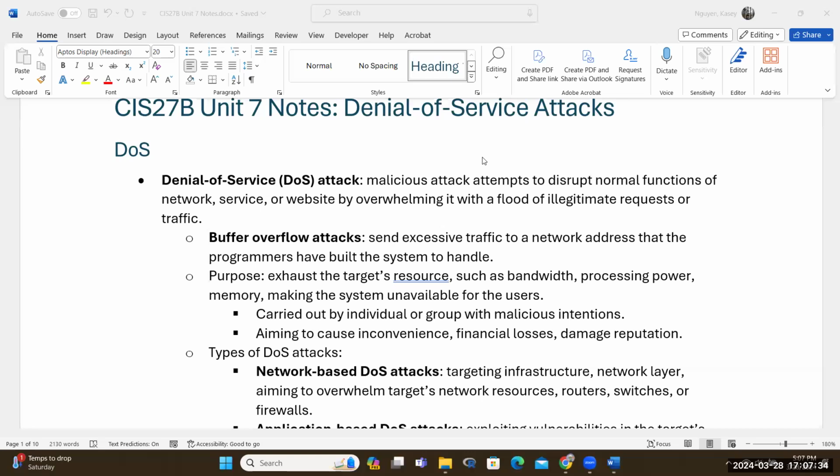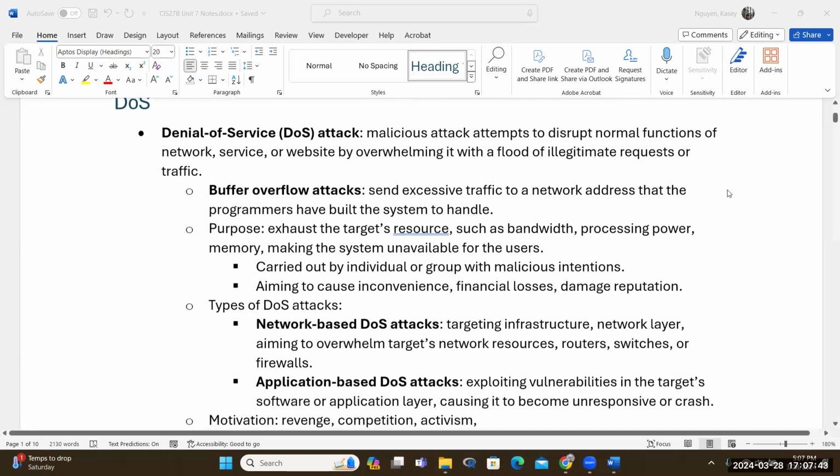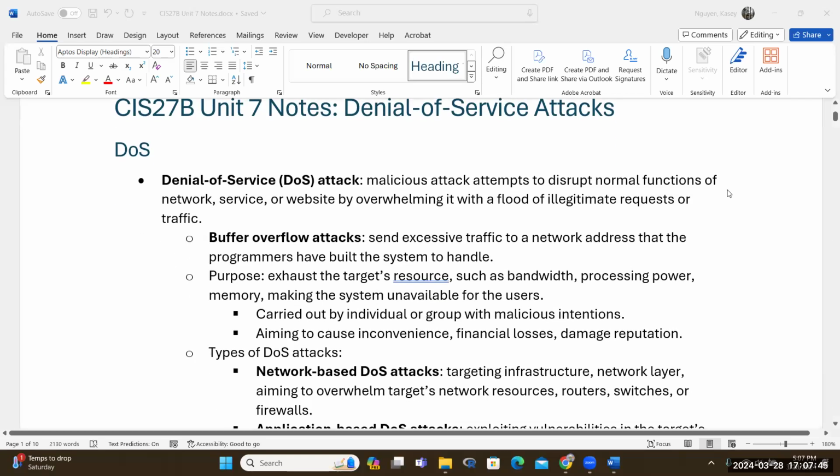Okay, so we are going over denial of service attack today. Pretty fun concept, sometimes could be complex, but we will start out with defining what it is, and how some of these attacks are impacting different types of servers.